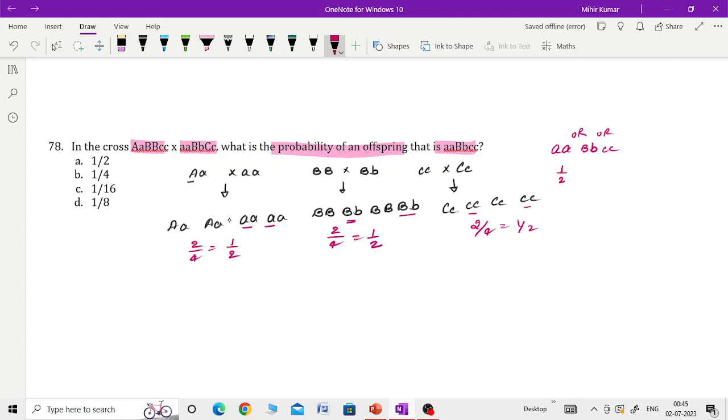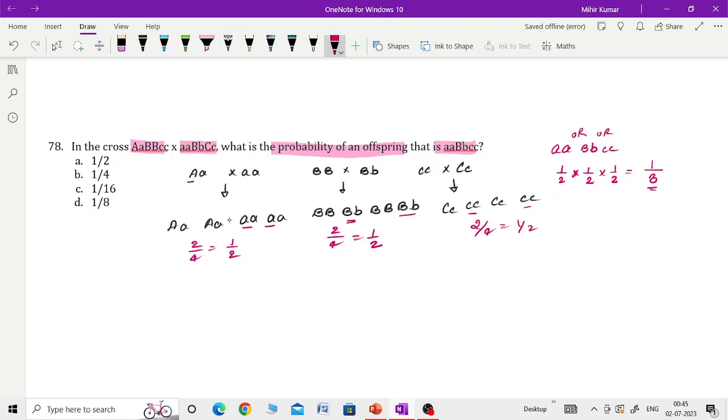The 'and' rule applies here: this and this and this, so we multiply. When we multiply, we get 1/2 times 1/2 times 1/2, which is 1/8. I recommend you go and watch the general science video under the title TIFR general science, where I discuss the 'and' multiply rule and the 'or' plus rule.